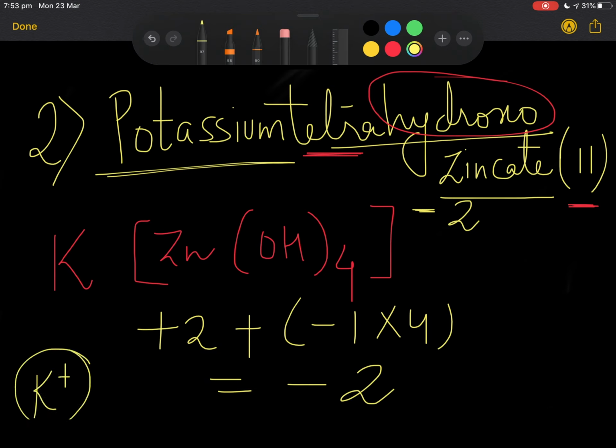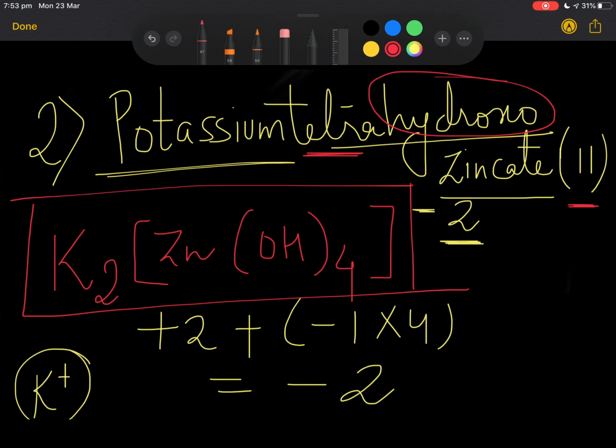Each potassium has +1 charge, but I have to counterbalance the charge. Since the charge over here is -2, what should be the number of potassium over here? Potassium should be written as 2. So the formula of this complex I got as K2[Zn(OH)4].